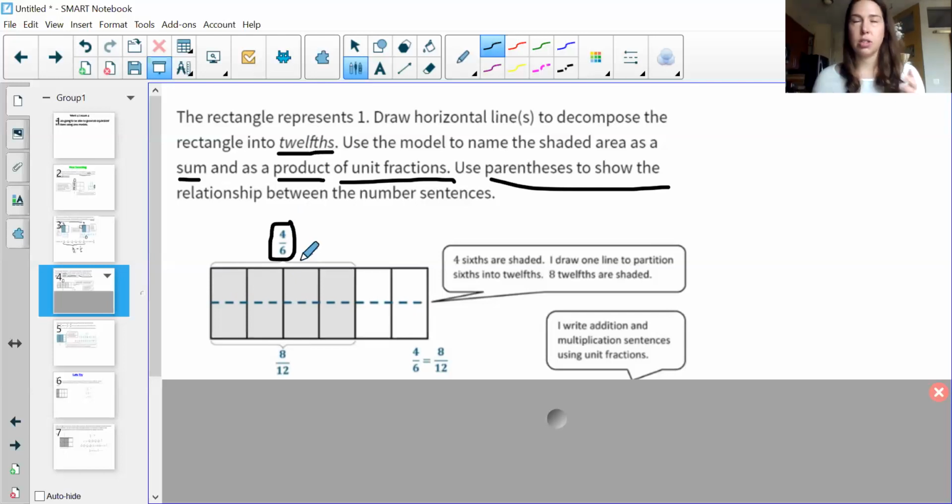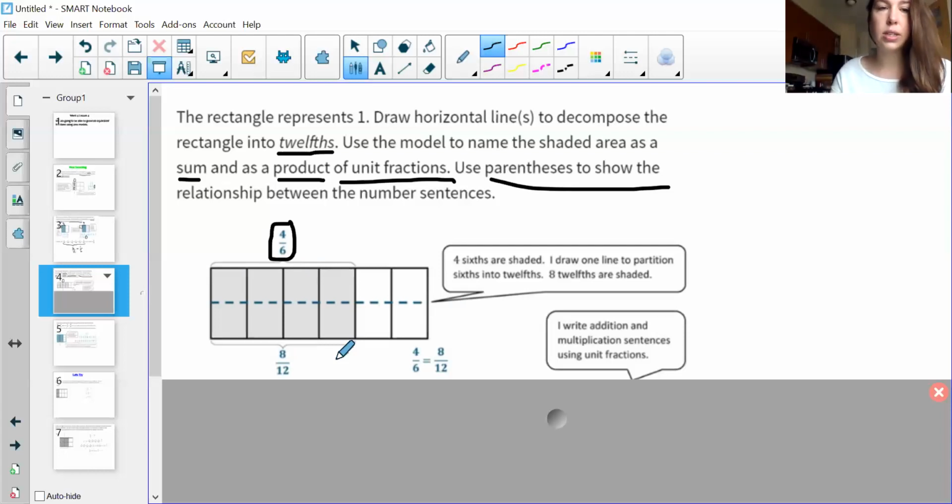So let's ask ourselves, how should we decompose this area model to make 12 equal pieces? Well, if we have 6 already, we can just decompose it into 2 rows to get 12ths, because 6 times 2 is 12. So now all of a sudden, my 6ths aren't 6ths anymore, they're 12ths, and I have 8 of them. So each one of these squares is a 12th.